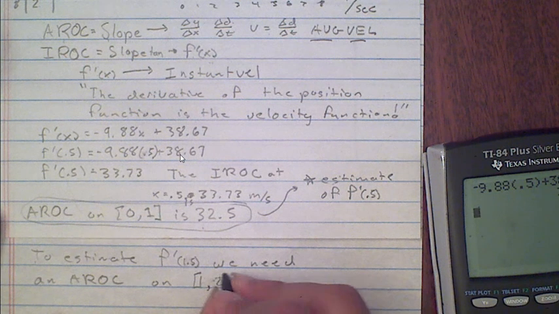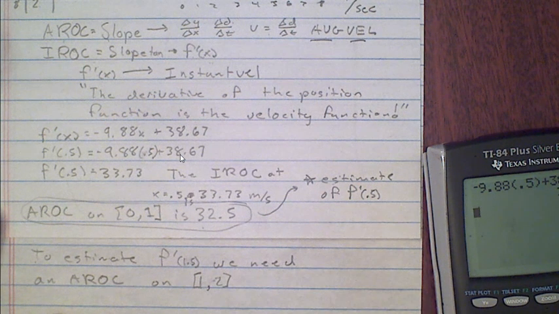Does that make sense? Because 1.5 is between 1 and 2. So anytime you need to do an estimate, it's simply an average rate of change on that interval. Got it? Good. Very important. Okay?